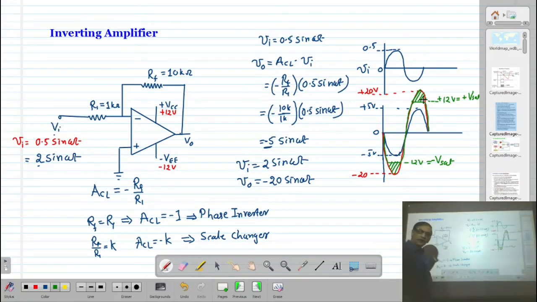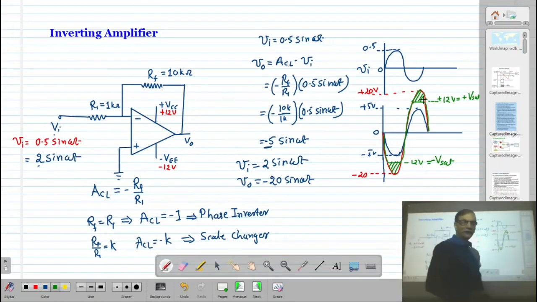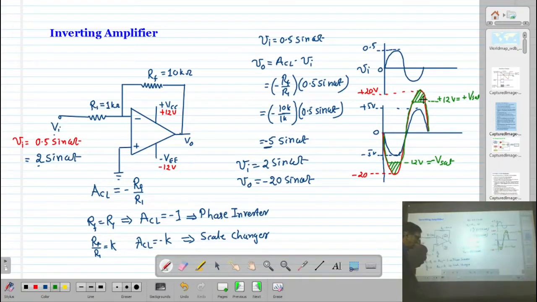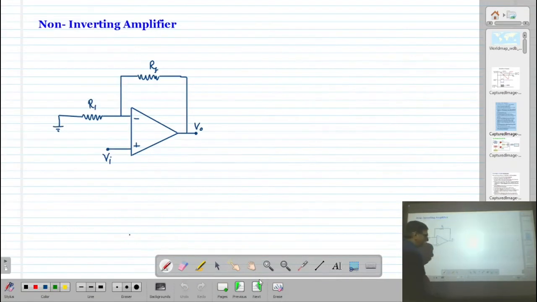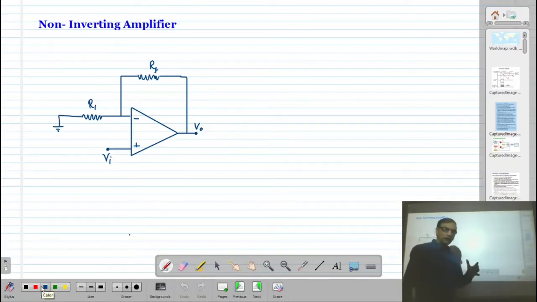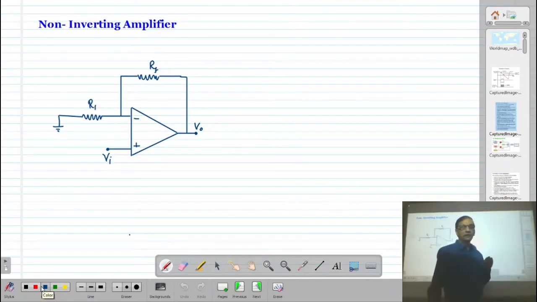Okay. Now we will look at another application of an operational amplifier, and that is the non-inverting amplifier. Here we have a circuit diagram for a non-inverting amplifier. Already you know non-inverting means your input signal is not going to be inverted.